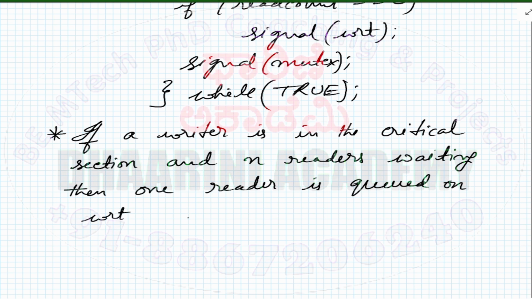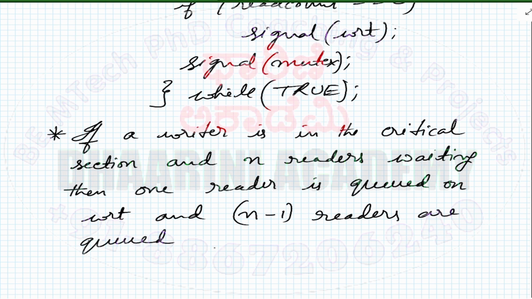This is the first semaphore, and how many are remaining? That's n minus 1. N minus 1 readers are queued, they are going to be queued on the mutex. That's the meaning. That's the solution which we are giving.